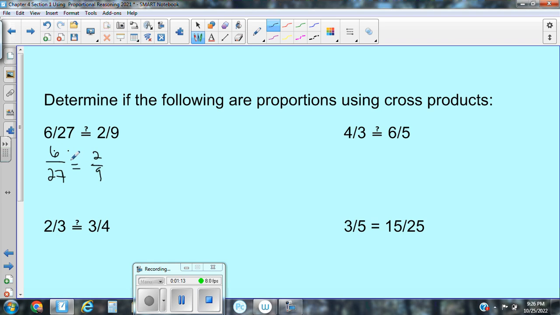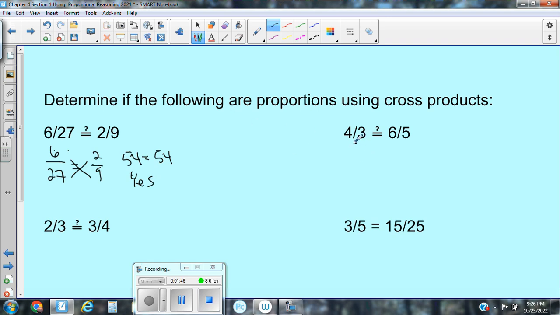When we use cross products, 6 times 9 and 27 times 2. 6 times 9 is 54, and we set that equal to 2 times 27, which is also 54. So when multiplying each of these utilizing the cross products property, they are equal to each other, then they are proportions. So the first one is yes, it is a proportion.